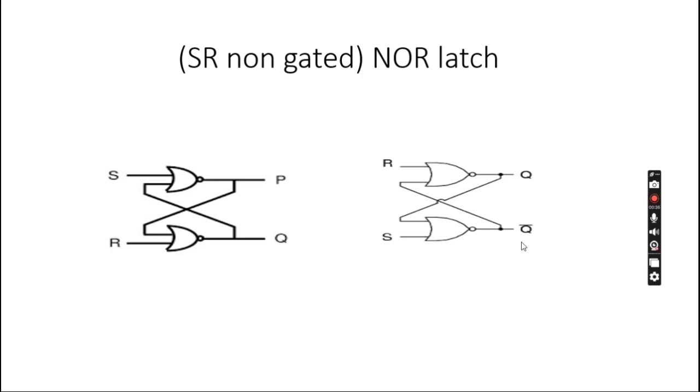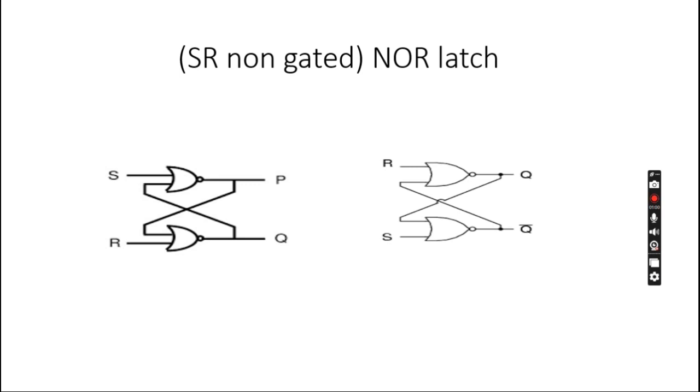That we have to observe. Some people assume these inputs as SR or XY also, and outputs as Q bar, or we can name some other names also. Here I named it Q1P. This P is nothing but Q bar here. Okay, so these are the constructional details.